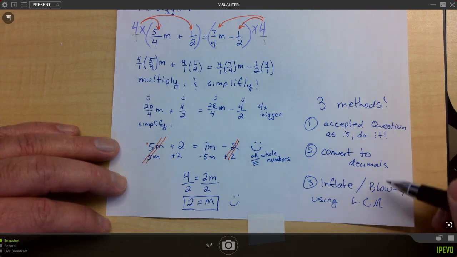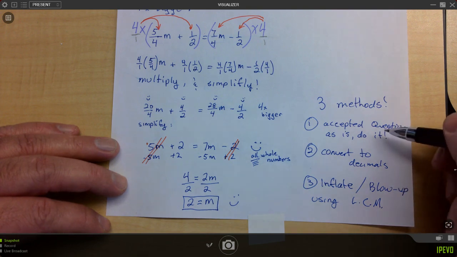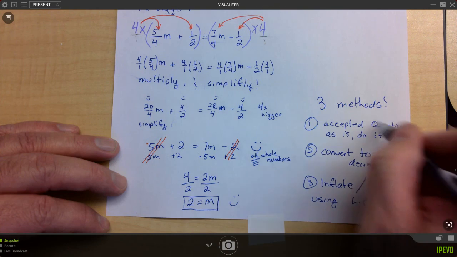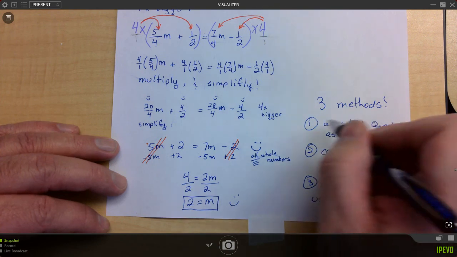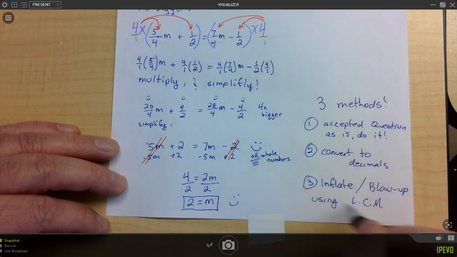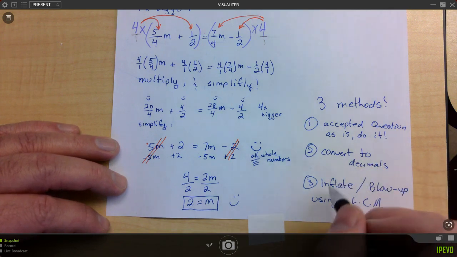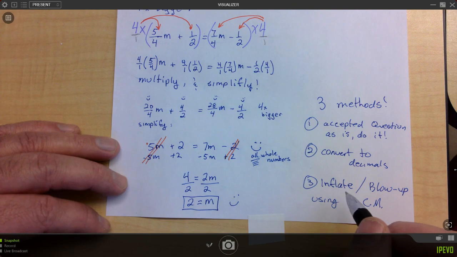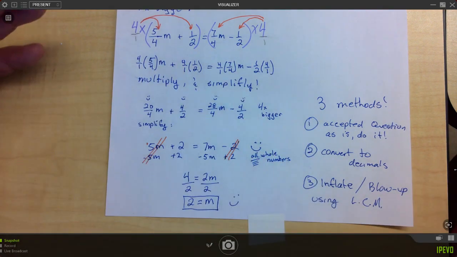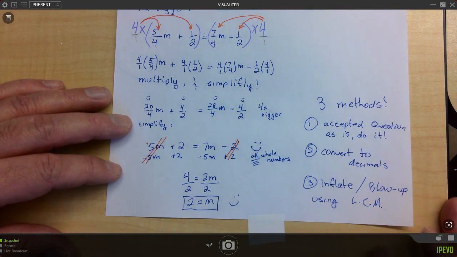You should practice all three. There are going to be certain questions that are best to do this way. Just do the question, don't try to fool with it. Sometimes the decimals might be easier. This really works when you have multiple denominators, like if this question had a 2 and a 3 and a 5 and a 6, maybe it would have been easier to just blow up using the lowest common multiple.